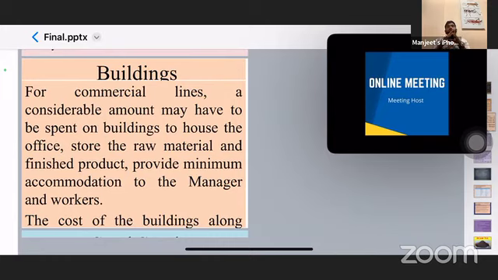So we need to build at least one or two rooms for storing our vermicompost or for other purposes like packaging or storing equipment like weighing machines, pads or some other items. So we need one or two small rooms.